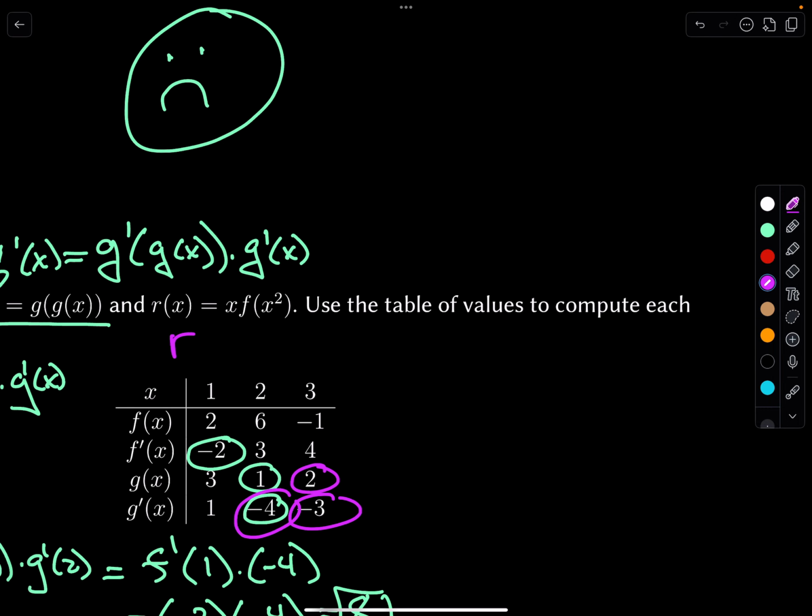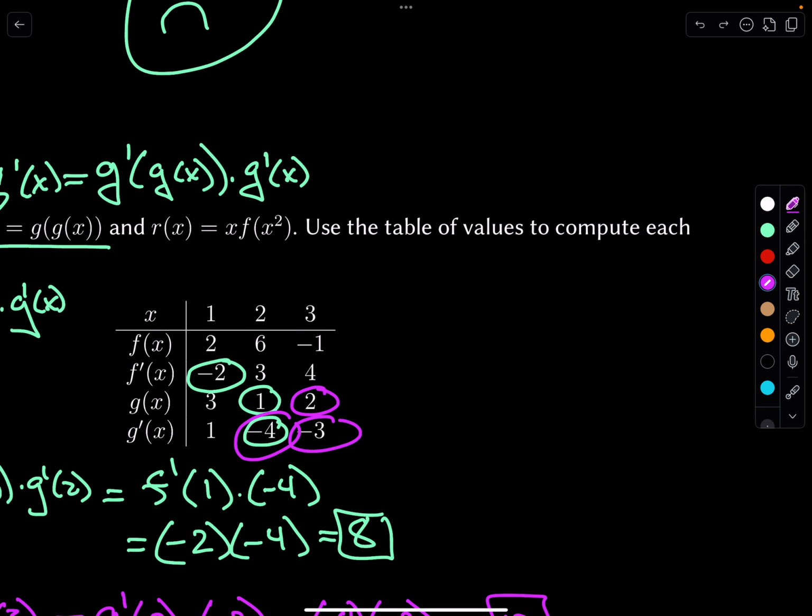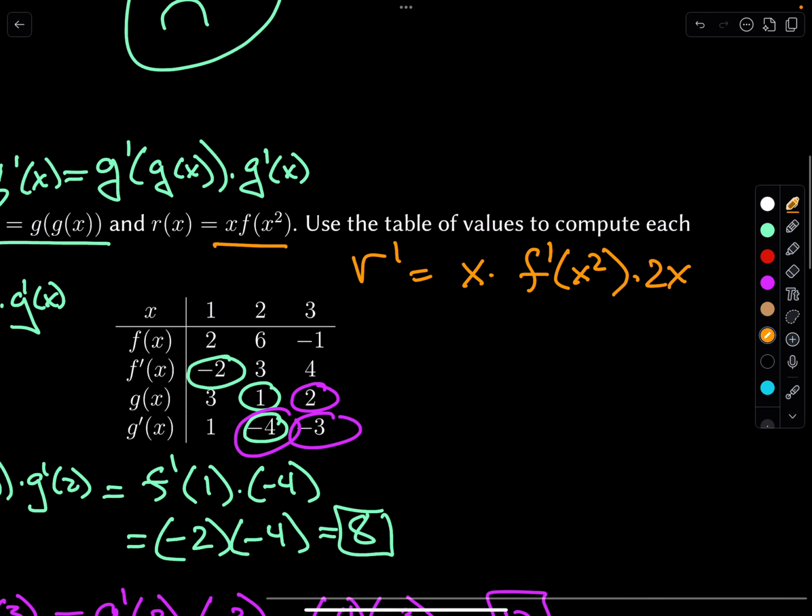Let's see, r, whoops, change color once again. So we have r prime, here's r, so r prime using the product rule now is going to be x times, product and the chain rule. Okay, so that's the first part.